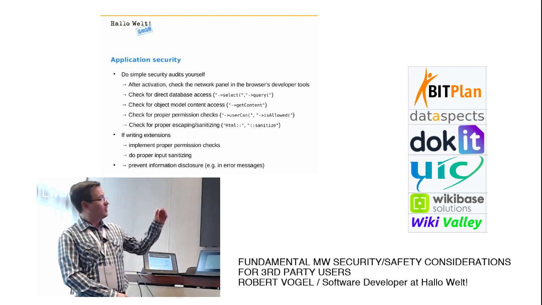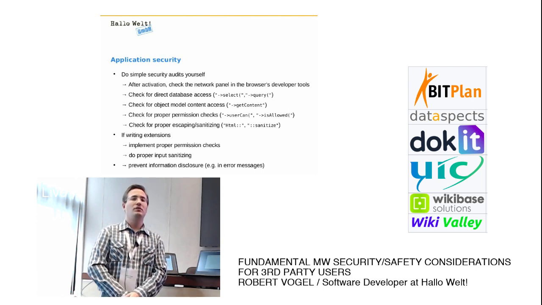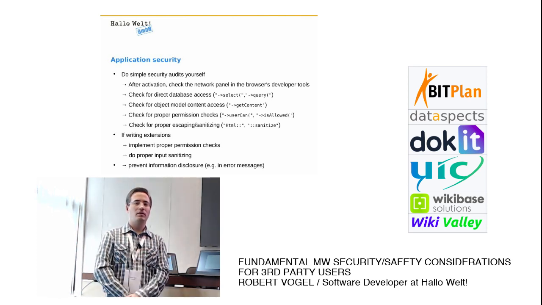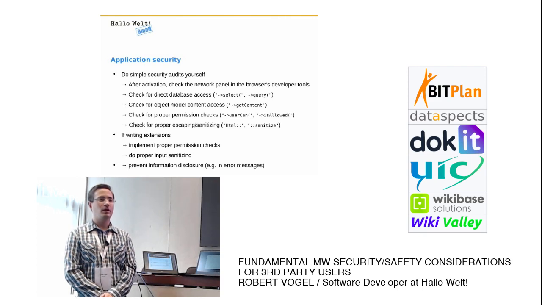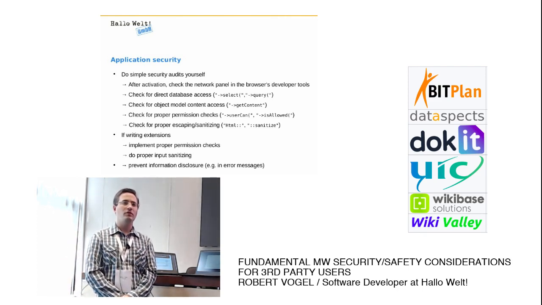And the last element is quite interesting. That's preventing information disclosure. That's something that I see quite often, that in an error case the developer thinks he's a nice guy and will display all the relevant information to the administrator or to the user.